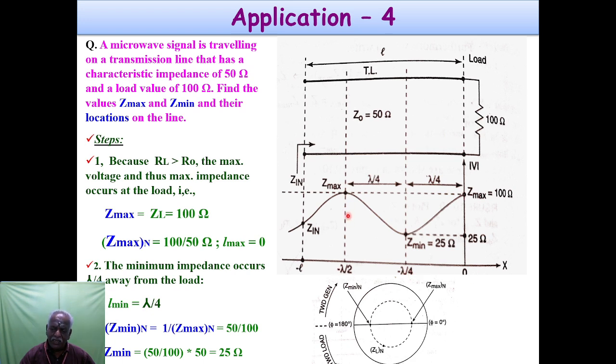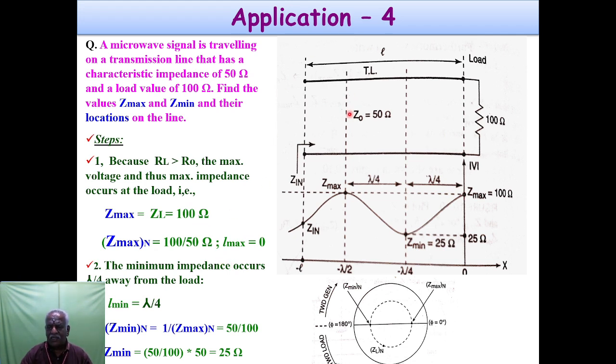Then the subsequent maximum occurs at this point again. Okay, this is the maximum point. So you have travelled lambda by 2 distance. This is the input point, therefore we are marking it as Z input. Z minimum is equal to 25 ohms. Z maximum is 100 ohms, it is given in the problem itself, because Z maximum is the load impedance value itself.